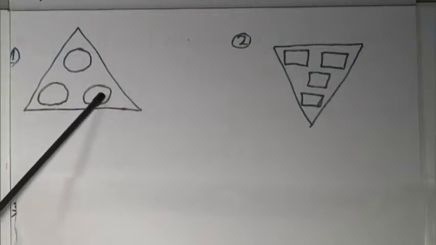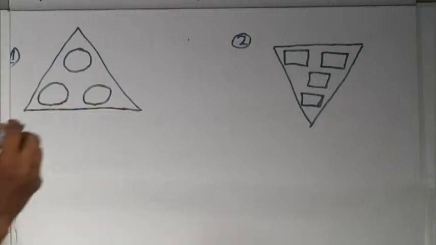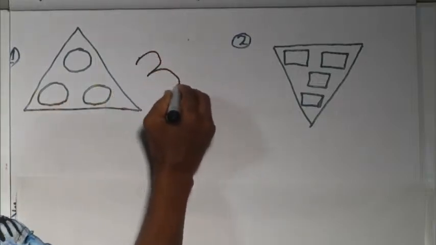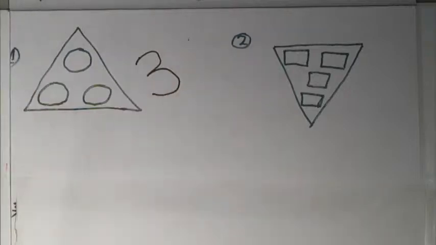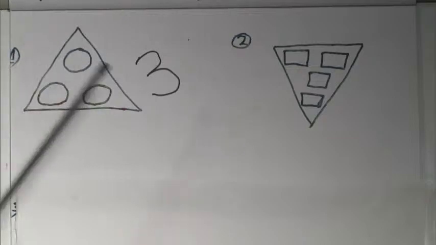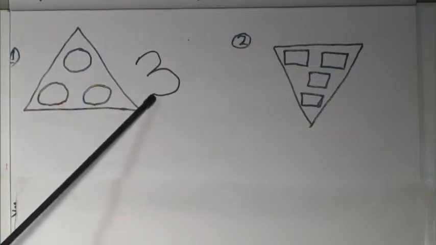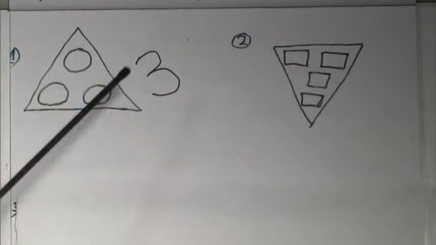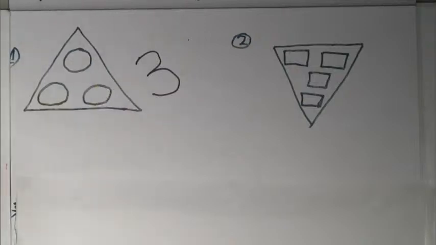How many? 3. So you have 3 objects. So that means 3 is a cardinal number.